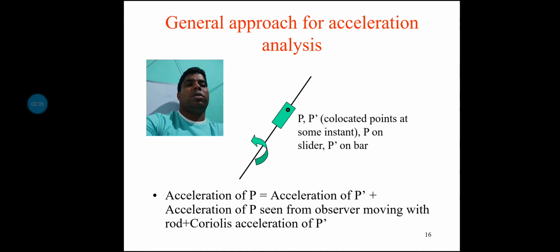The acceleration of P is equal to the acceleration of P dash plus the acceleration of P as seen by the observer moving with the rod, plus the Coriolis acceleration of P. P is on the slider and P dash is on the bar.